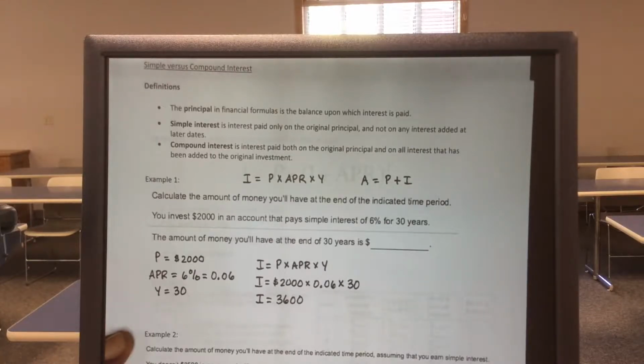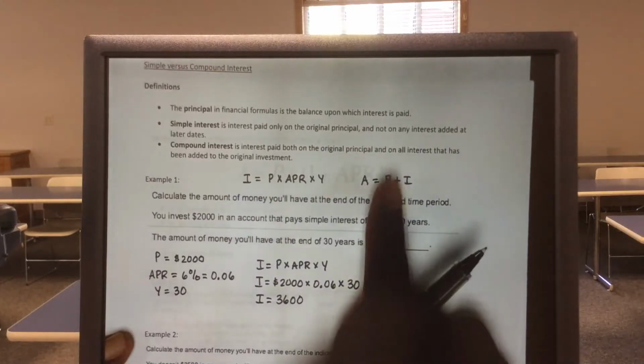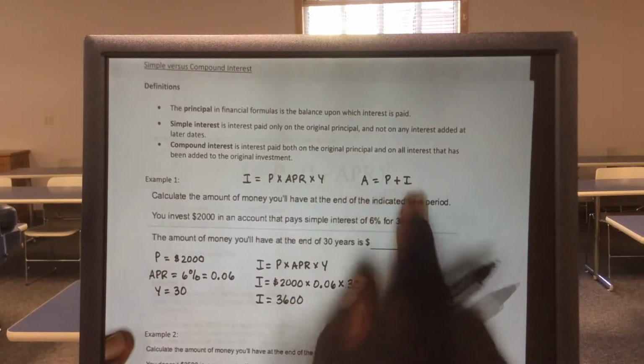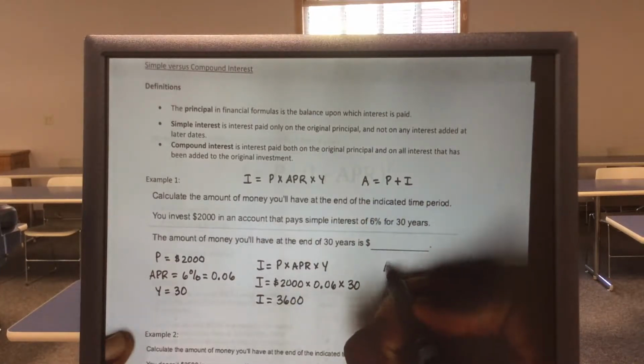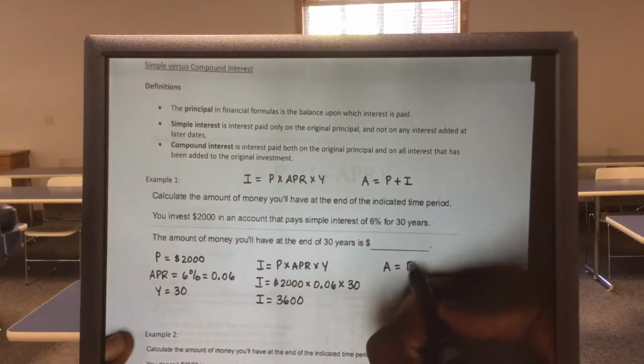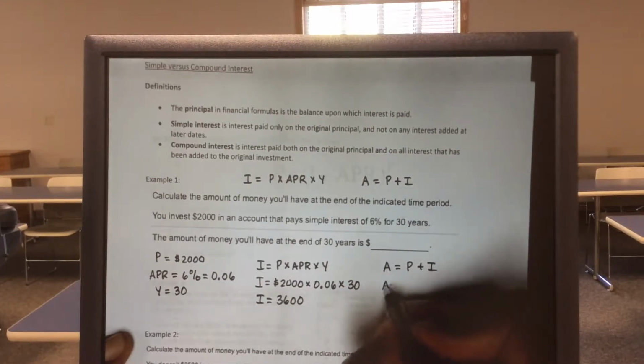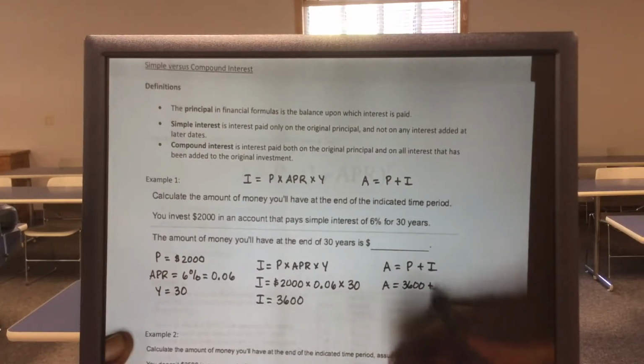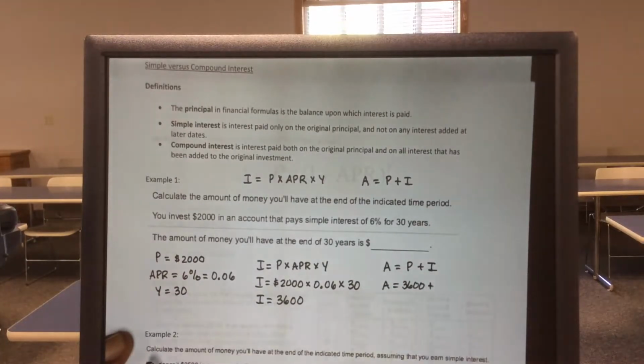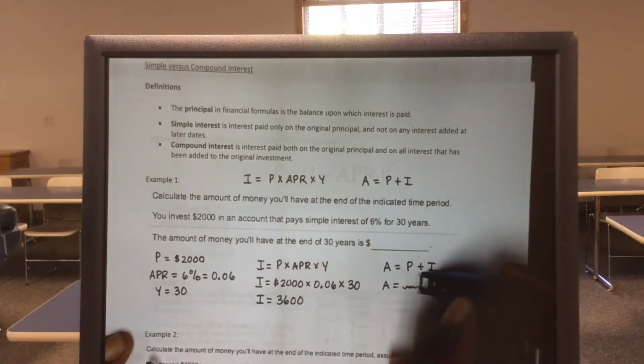And now, to find the amount of money that you will have at the end of 30 years, we need to take the principal balance, or the amount that we invest, and add that to your interest. That's going to be the total amount. A is equal to P plus I. Your P, 2,000, is your principal.